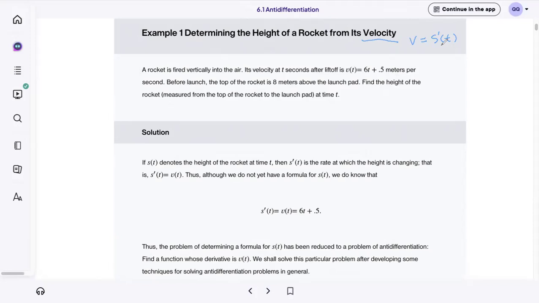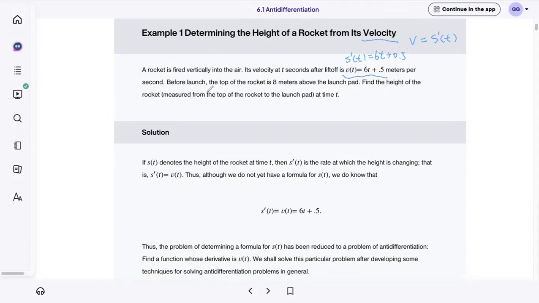A rocket is fired vertically into the air. Its velocity at t seconds after liftoff is given by s prime of t equals 6t plus 0.5. So velocity is the derivative of the position function.